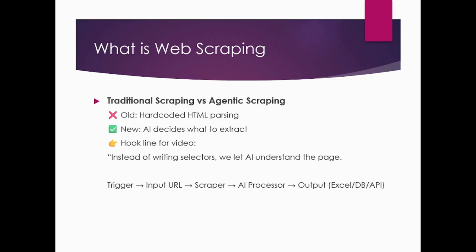Those who are from the software industry know that if they want to write QA tests, they use XPath or CSS selectors to read the text of a particular button or label, to do QA testing for any website or web application.